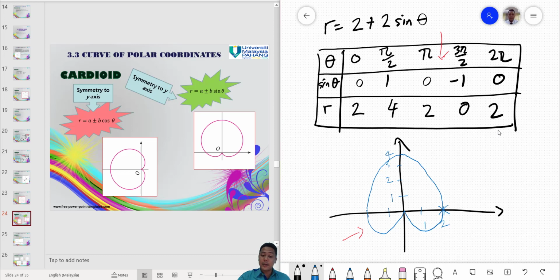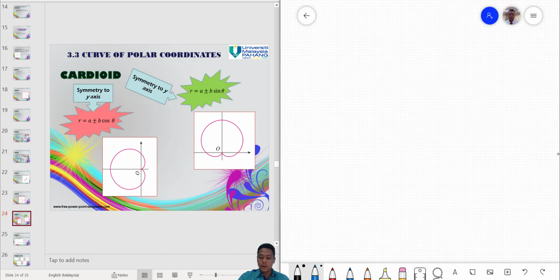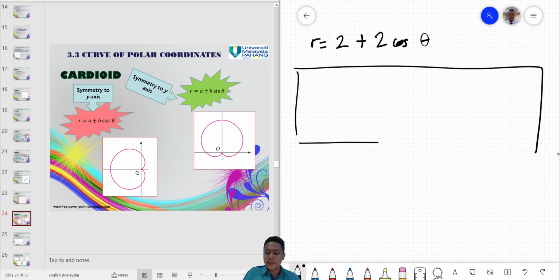Let's try another one which involves cos. For example, if r equals 2 plus 2 cos theta, again, let's try plotting some points.